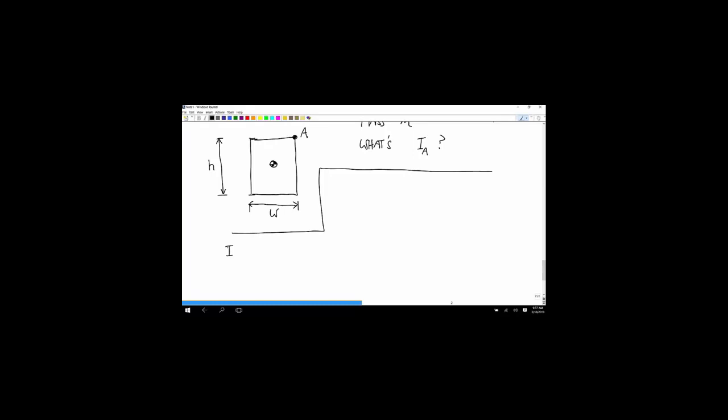So mass moment of inertia about the center of mass is 1/12 times m times h squared plus w squared.